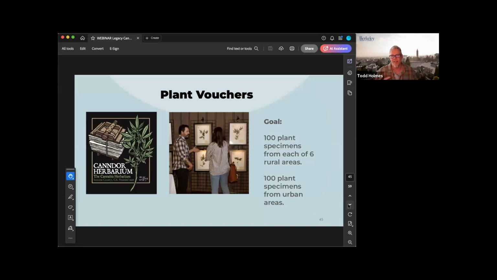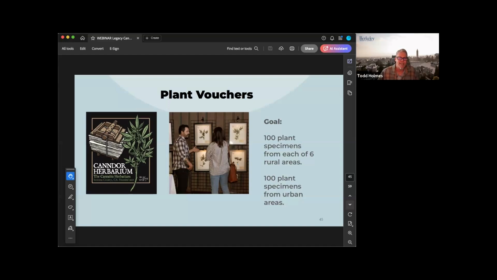The scientific work is largely in two sectors. The herbarium component is a foundational method to define genetic resources. A herbarium is a collection of preserved plant specimens and associated data used for scientific study. The project plans to voucher 100 plant specimens in each of the 6 rural study areas and up to 100 plant specimens collectively in the urban regions.